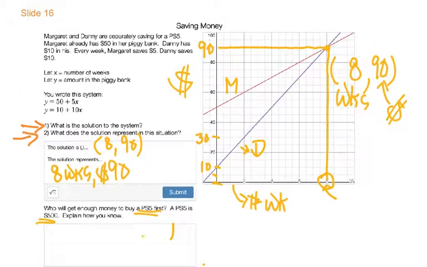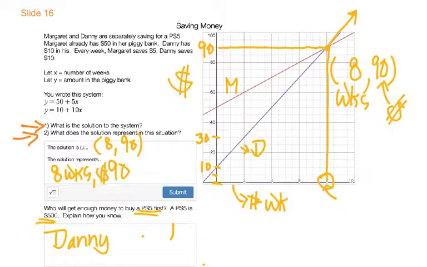Take a look. Well, I'm going to say Danny, because right here at this point of intersection, his graph is growing faster. Margaret's is more flat. So Danny is going to reach $500 sooner because he's saving more money quicker over time.